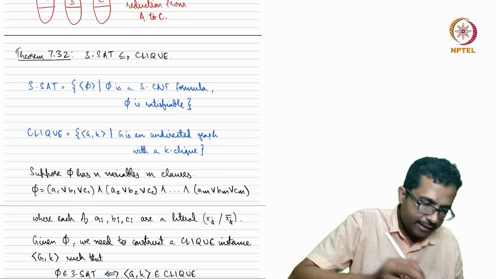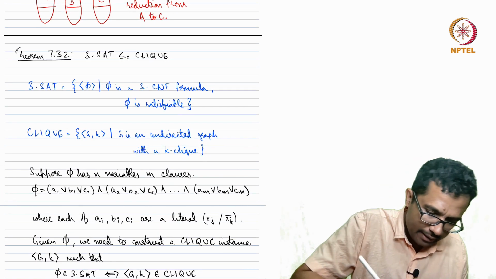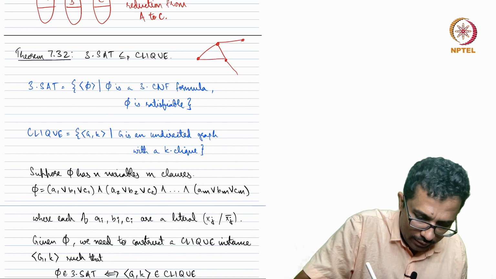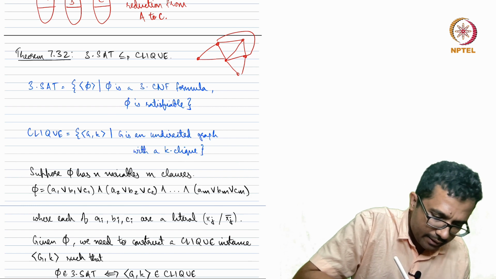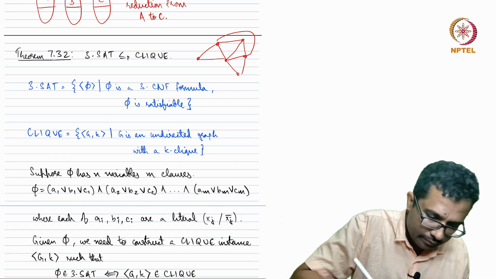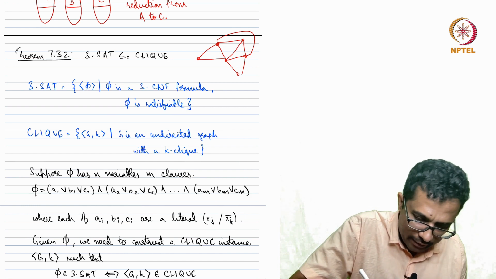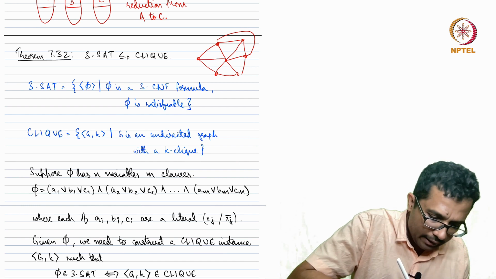Clique means it's a graph, right? So I'll just draw something. A clique is a graph whose vertices are all pairwise adjacent. So for instance, in this graph, the graph that I am just drawing in the corner here, there is a 4-clique, right?